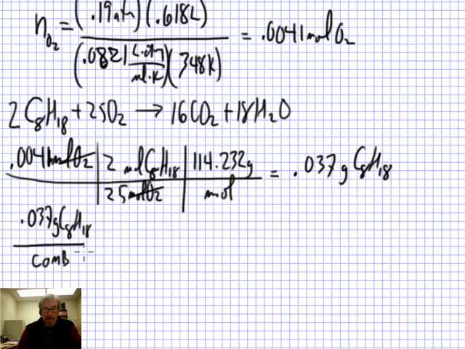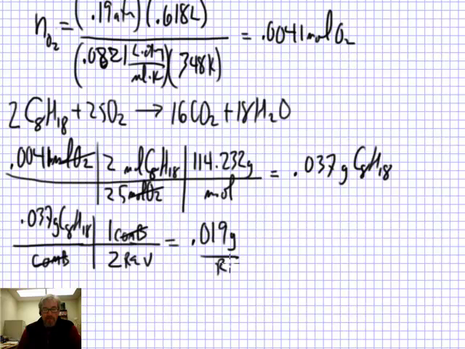It told me that there is 1 combustion every 2 revolutions for this cylinder. So that's how many grams are burned in every revolution. It works out to 0.019 grams per revolution.